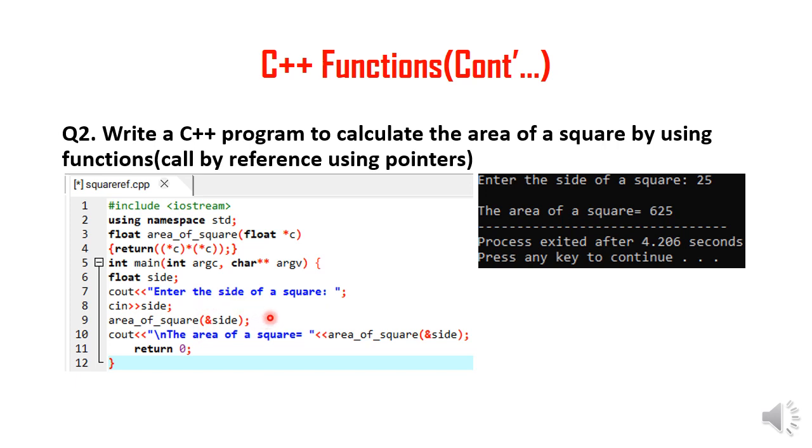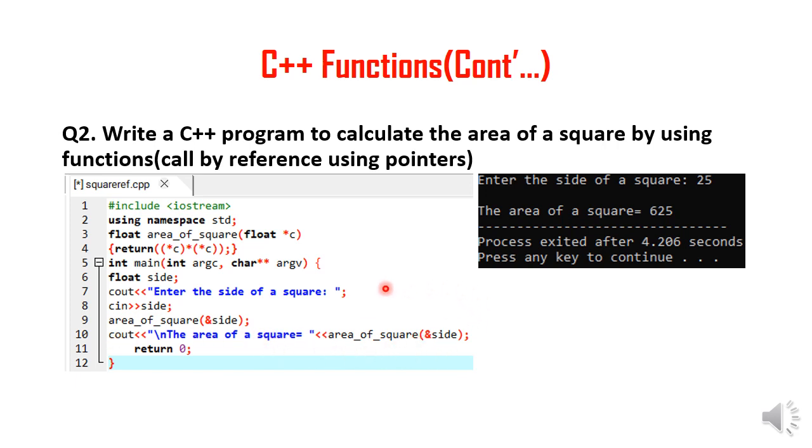Also the function will take the value from this variable to calculate the area of a square. So we call this function by reference. So cout the area of square will be area_of_square, parenthesis, ampersand sign.